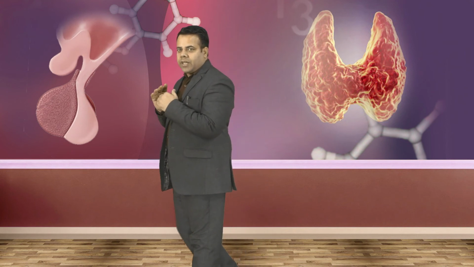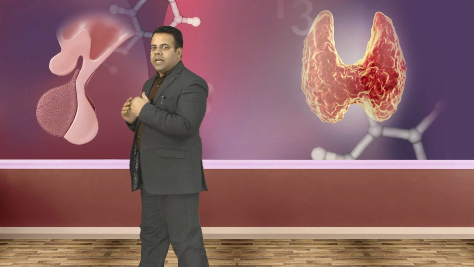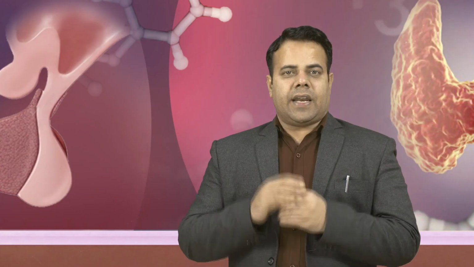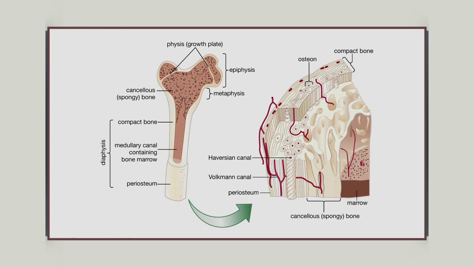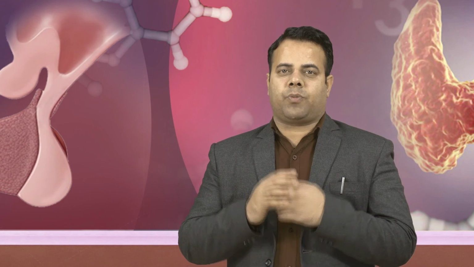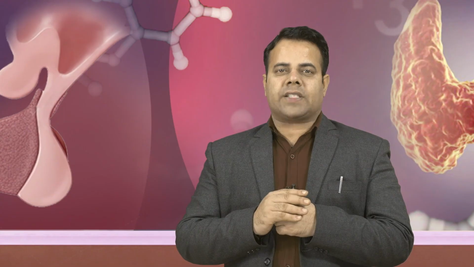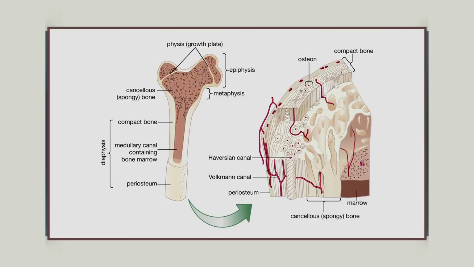Thus, T4 and T3 are clearly involved in skeletal development. Similarly, in adults, hypothyroidism and hyperthyroidism are associated with decreased and increased bone turnover respectively. In hypothyroidism, both resorption by osteoclasts, that is bone reabsorbing cells, and remodeling by osteoblasts, that is bone forming cells, phases are lengthened, but the remodeling phase is affected more, so the condition is associated with an increased bone mass.